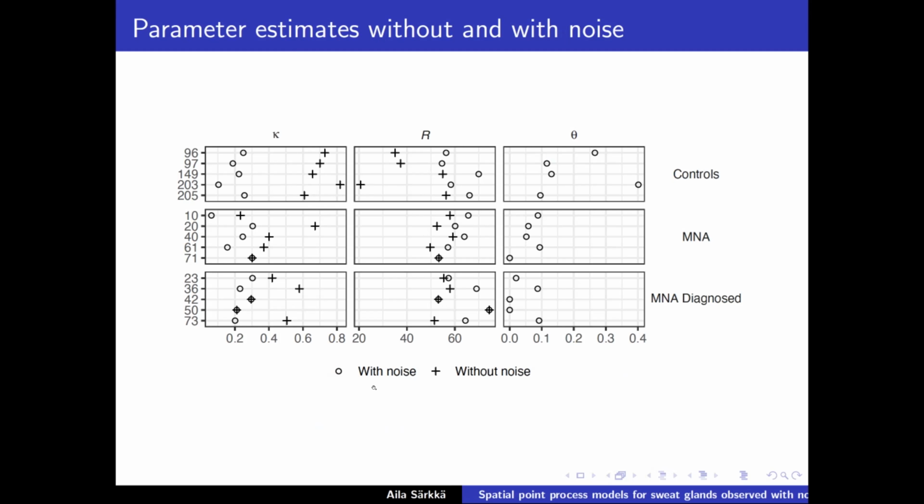But if you take into account that there are these extra close pairs of glands that have been observed incorrectly, and you use a mixture model and add some noise, then looking at the circles, there doesn't seem to be any difference in the two parameters, kappa and R. The only difference is in the mixture parameter. It seems that there are more of these extra points in the control group than in the two other groups. So in some sense, the noise explains the difference between the groups.